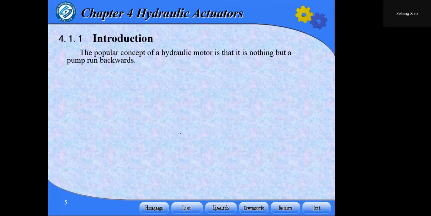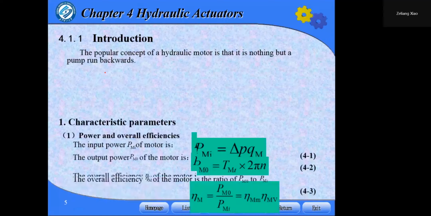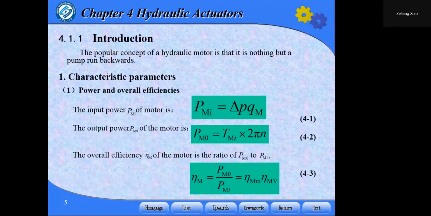The popular concept of a hydraulic motor is that it's nothing but a pump run backward. There are some characteristic parameters.